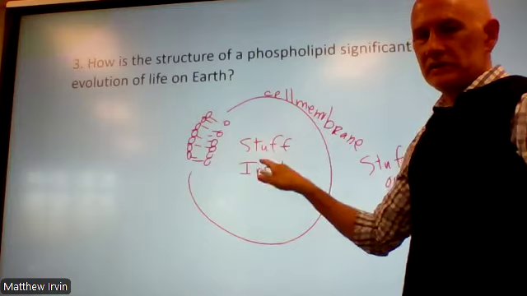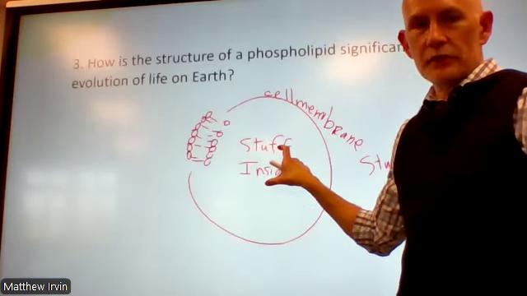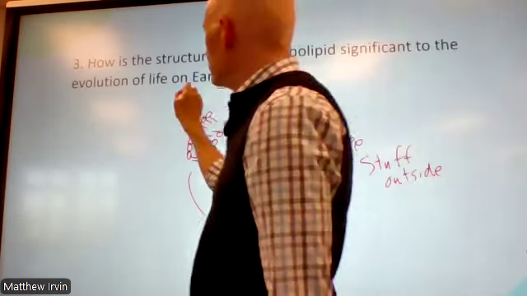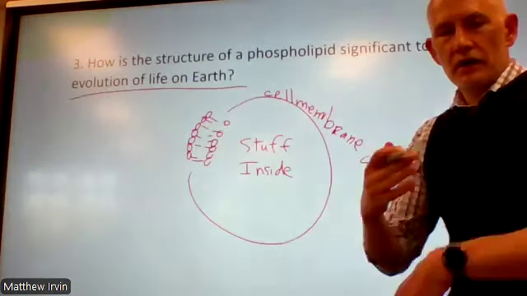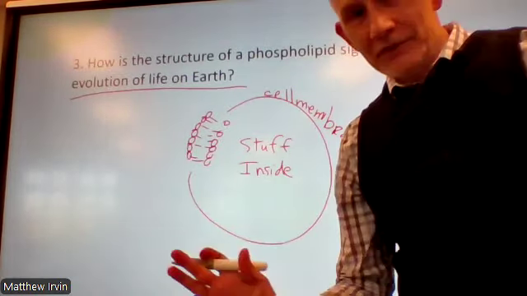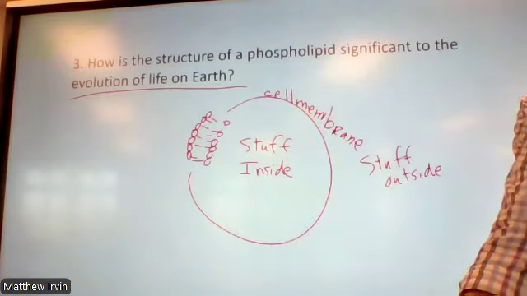RNA, proteins, DNA, then you get simple metabolism. Then you get your first simple cell and then natural selection, and you get Mr. Irvin. Hooray. Thank you, phospholipids.